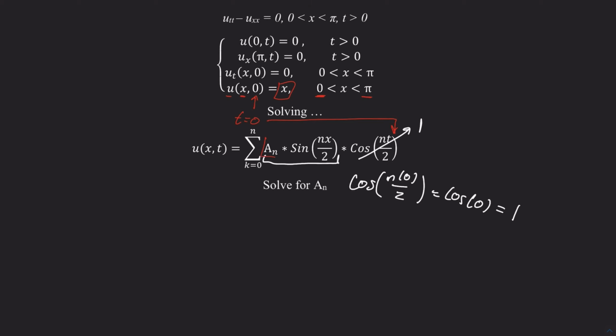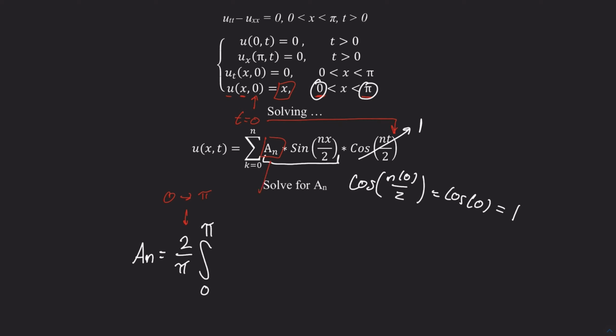So to solve for a sub n, I'm going to write an integral down below. A sub n equals 2 over pi, and this is because our boundary condition is from 0 to pi. And this is multiplied by the integral of our initial boundary condition, 0, to the upper boundary condition, pi, as shown up here, 0 to pi.